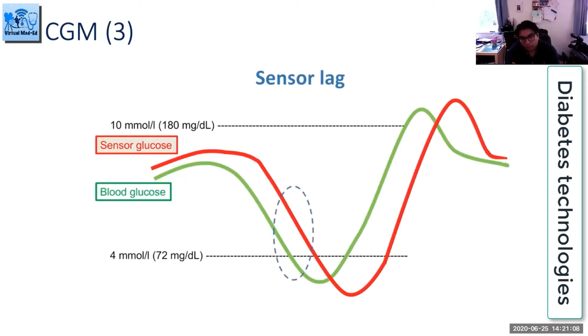So when we try to explain to patients about CGM, one of the concerns they always have is, is it accurate? If you don't explain to them that there's always a lag, what we call a sensor lag, they will lose trust in the device. They will go away and then come back to me and say, you know what, I don't trust this device.